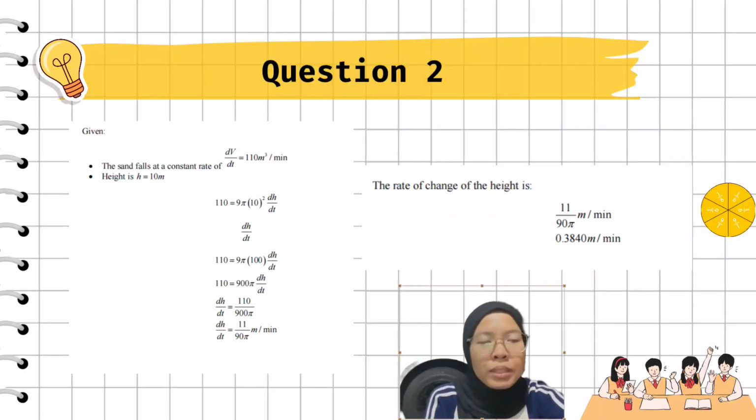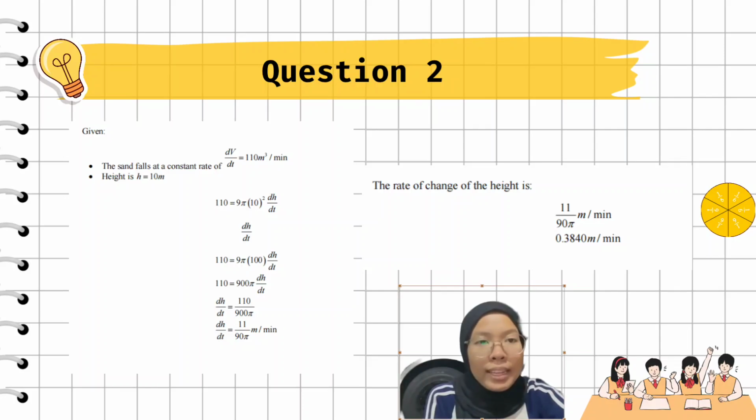Solution for dh per dt. Given dV per dt equals 110 cubic meters per minute, h equals 10 meters. Substitute into dV per dt equals 9 pi h squared dh per dt. 110 equals 9 pi multiplied by 10 squared, dh per dt. dh per dt equals 11 per 90 pi.